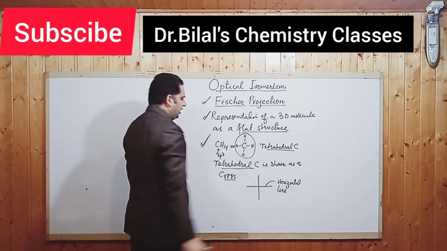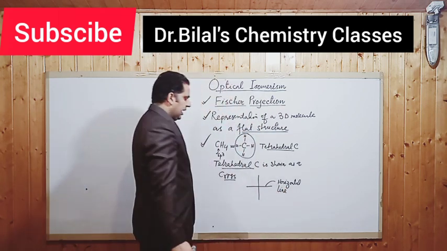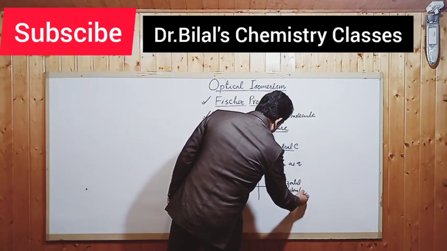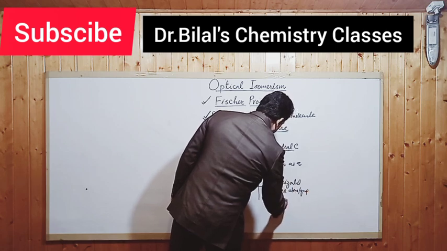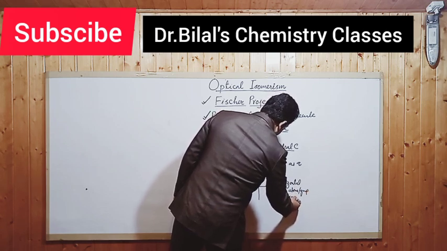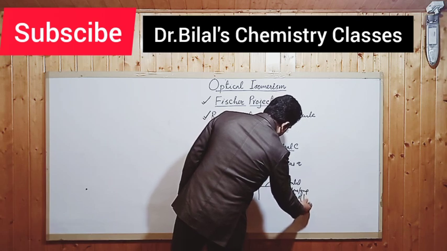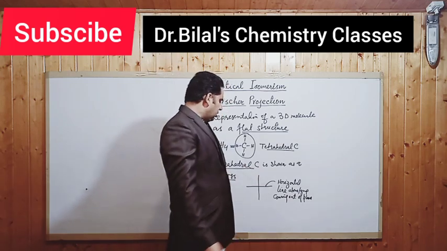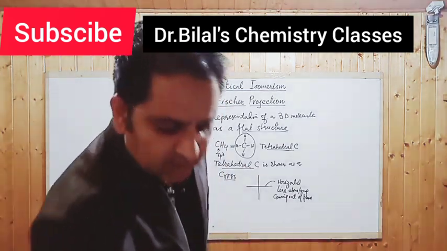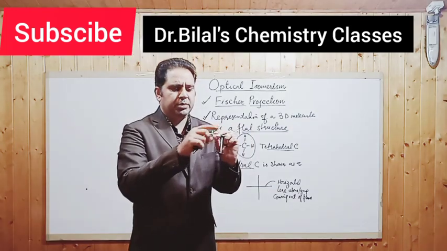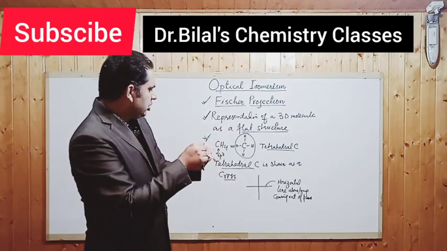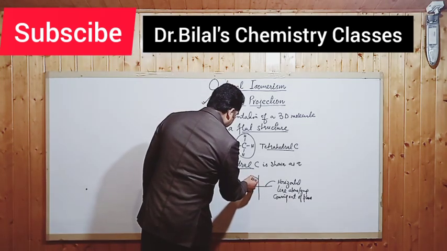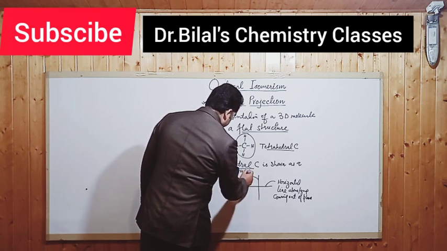This is the horizontal line, and on the horizontal line you show those atoms or groups which are coming out of plane, coming out towards us. Then there will be two in number, in the tetrahedral carbon. These two are coming out. Then those which are getting in are shown on this vertical line.